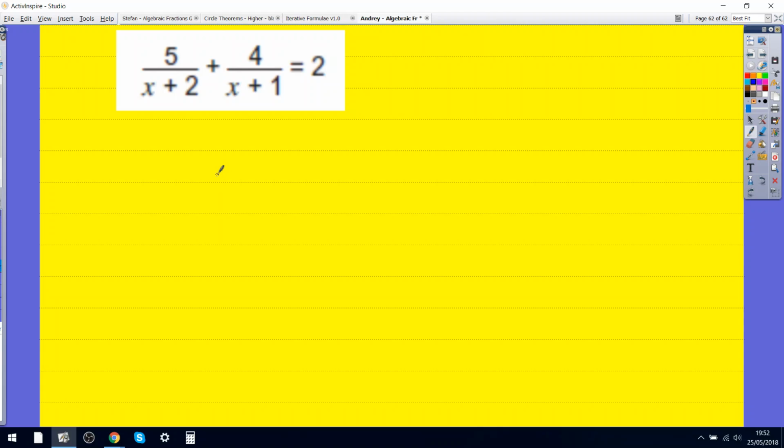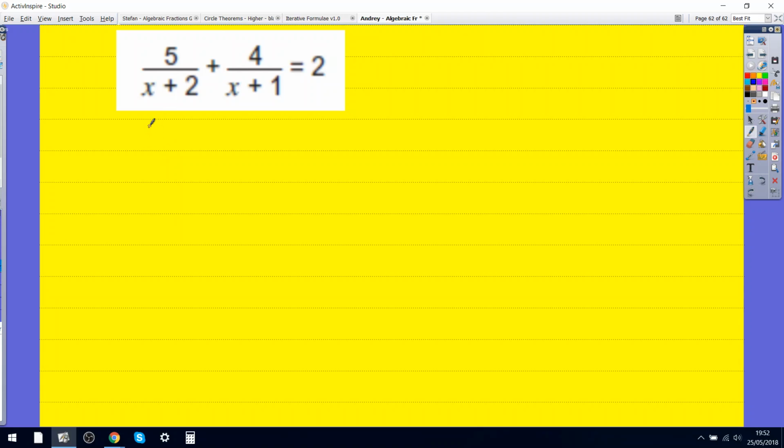So it's just 9 equals 2 times x plus 2 and x plus 1. That wouldn't be correct, because you'd have to multiply everything by x plus 2, all three of them, and by x plus 1. I think you're probably better off just adding the two fractions.